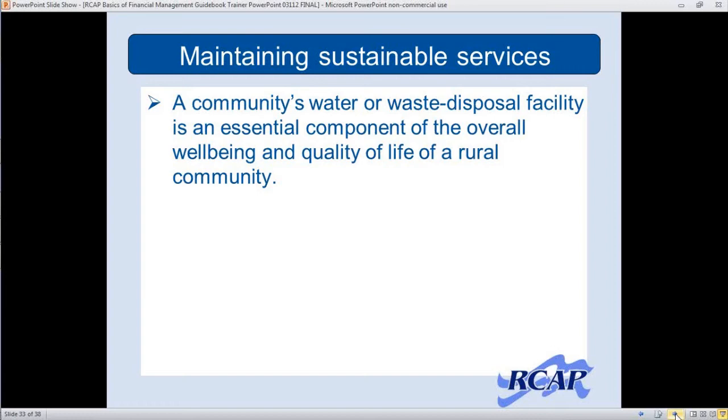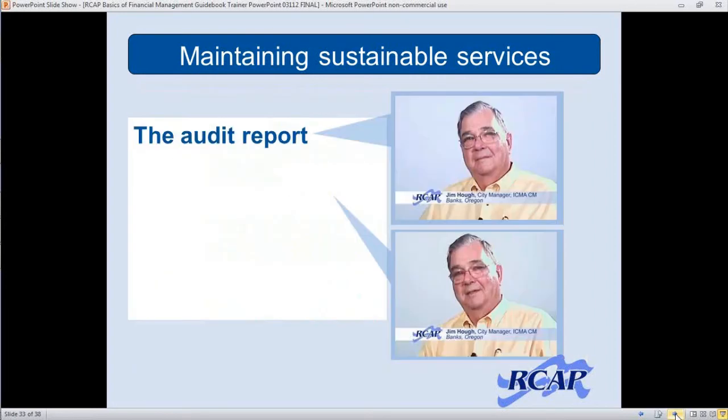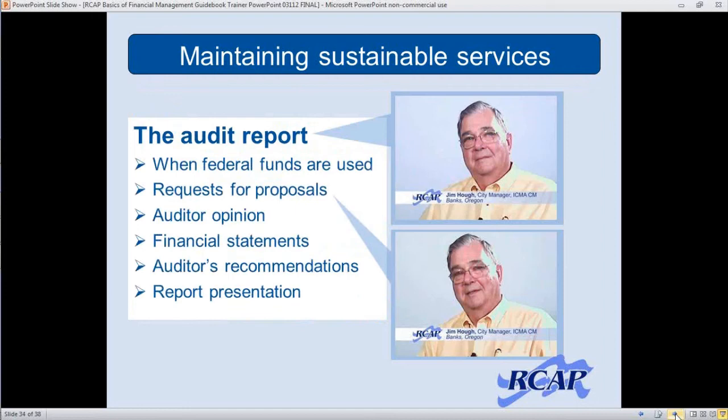But as far as the auditing of the annual reports, an auditor's opinion should be respected, but especially when federal funds are used. In fact, the OMB requires that if you have over $500,000 spent in any one year of federal funds, let's call it a 19 audit, it's a one-time audit that is required. It's mandated.